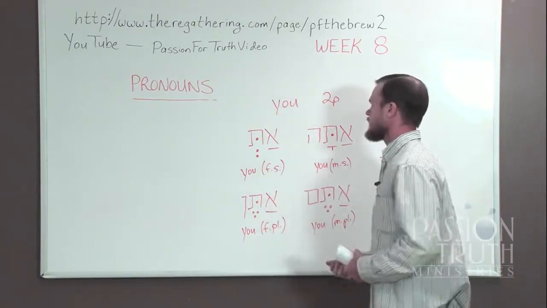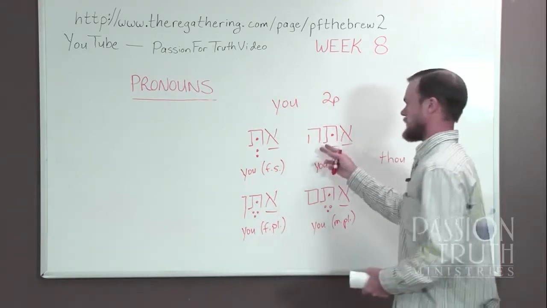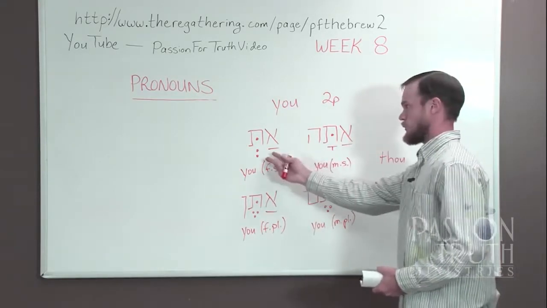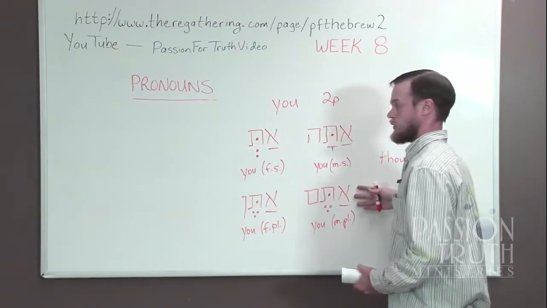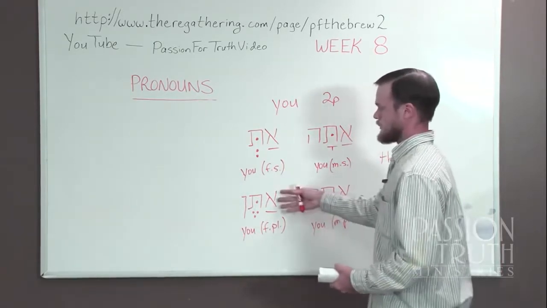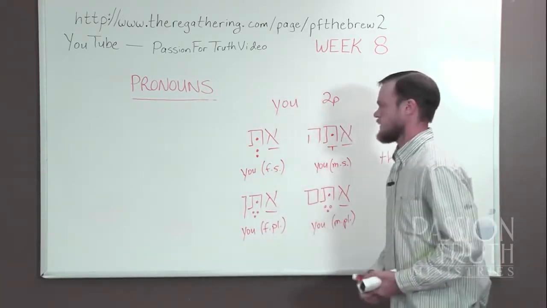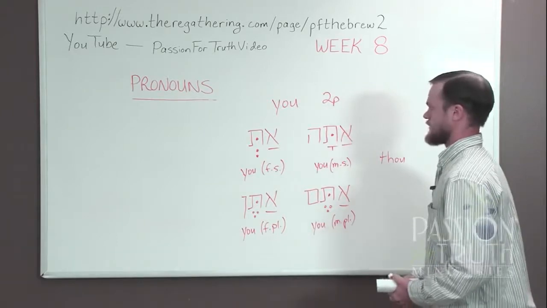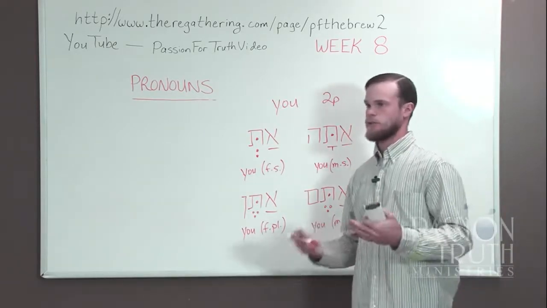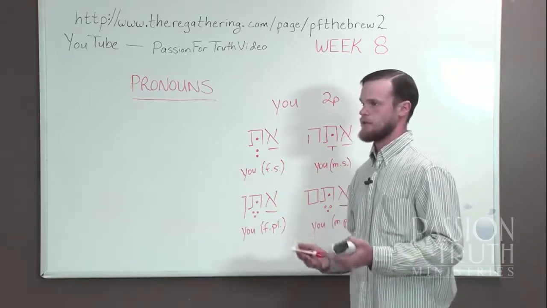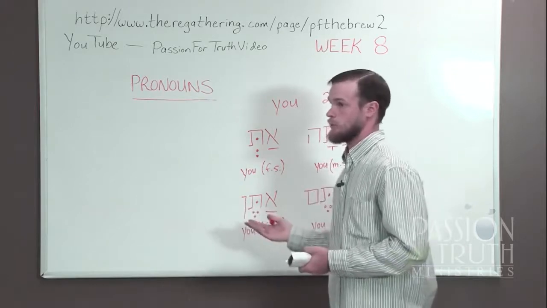Right. So, speaking to one man, ata, one woman, at. A mixed group or a group of men, atem, a group of women, aten. And this the third person we can wrap our minds around. The only weird thing is the distinguishing between the gender of a group, which we don't do in English, but we do in Hebrew.